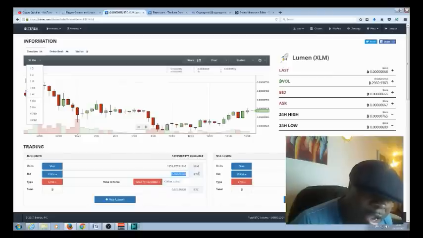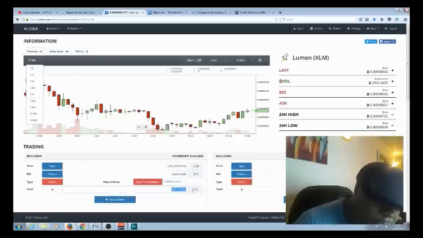So now you have a bit more information on your screen. You've put in how much you're looking to spend, and the exchange has given you how much was last paid for that currency.